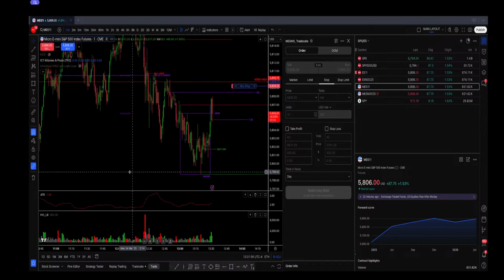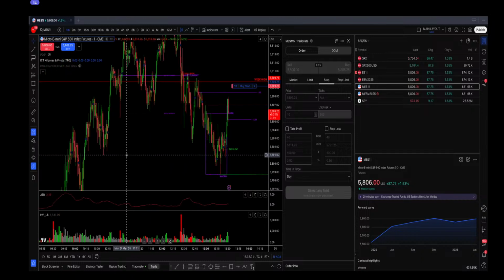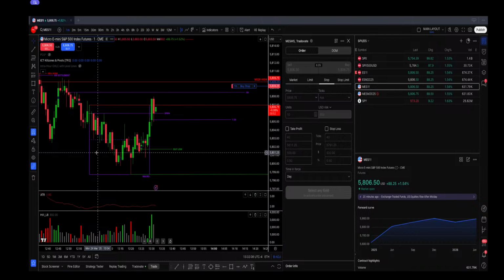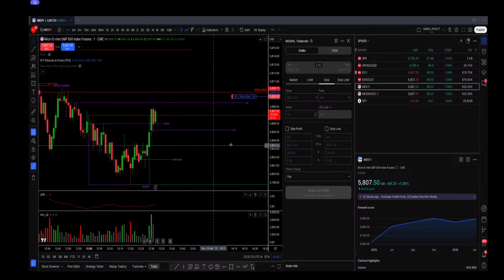We've gotten the hold here because we wicked off the initial balance low here. So that looks good. Please hold this.